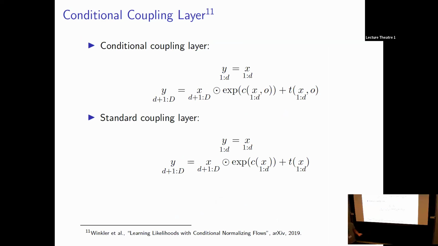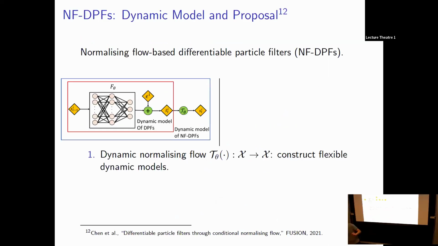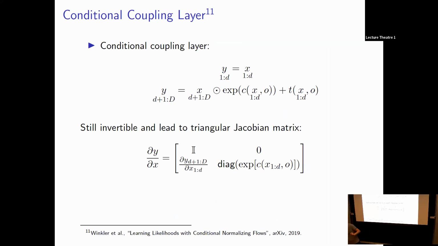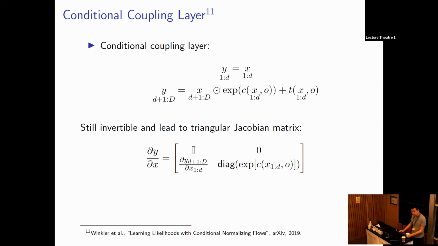Essentially, instead of just having the exponential of this C with X as an input, the conditioning part is that we can have this O as also an input to that C function. And then again, you get an invertible transformation, but with the observation as an input.